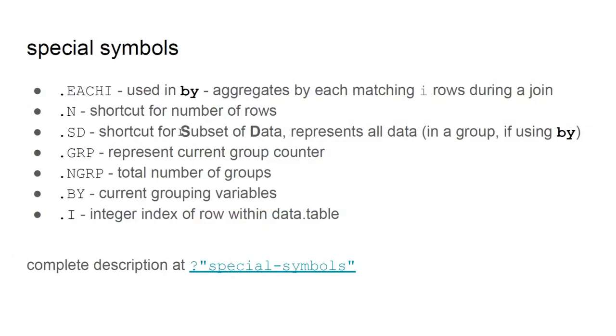Then .SD basically stands for Subset of Data, or self. If we want to just reference self, we can use .SD. .GRP represents the counter of the current group when we are grouping, and .NGRP represents the total number of groups. .BY represents the current grouping variables, and .I represents the integer index of a row within the data.table. And we have a manual which describes them in more detail.